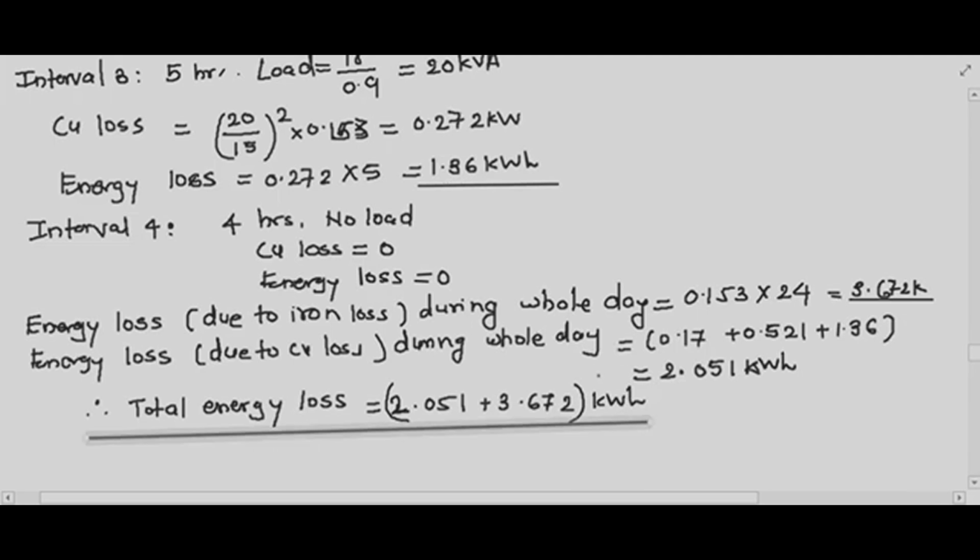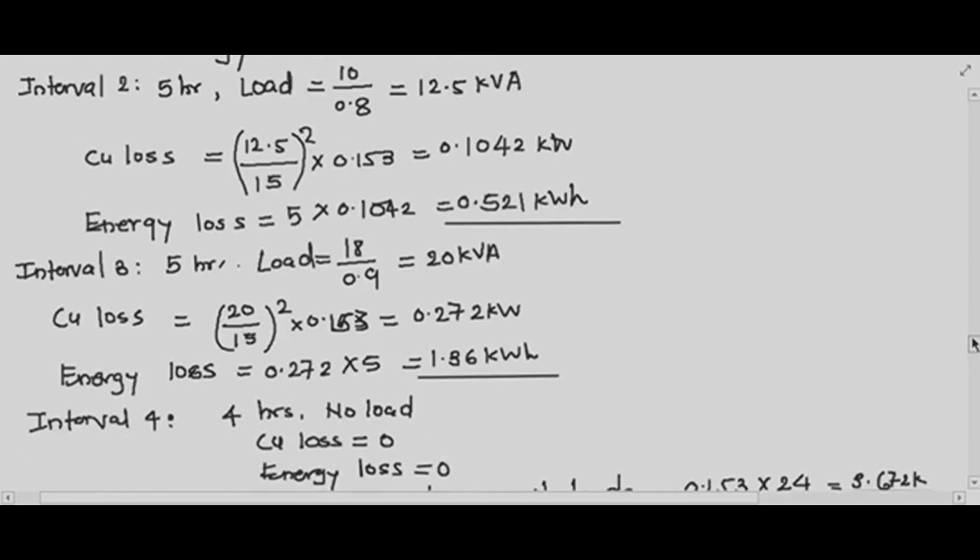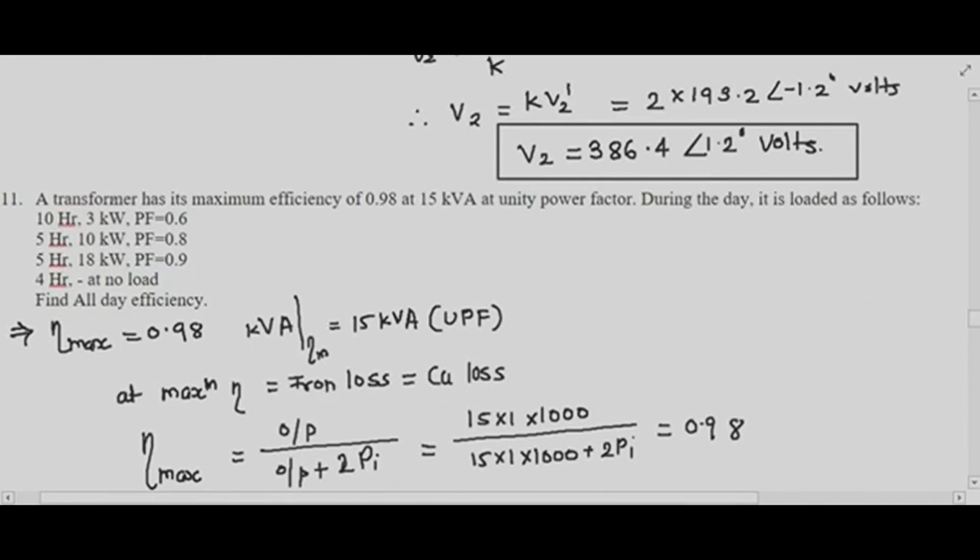Okay. Now, what is the total output during the whole day? How do we find out the total output? Now see, these intervals are given to you. Output is nothing but kW into hours. So 10 into 3 plus 10 into 5 plus 18 into 5 plus 0 into 4. That is 0. So that is the total output during the whole day.